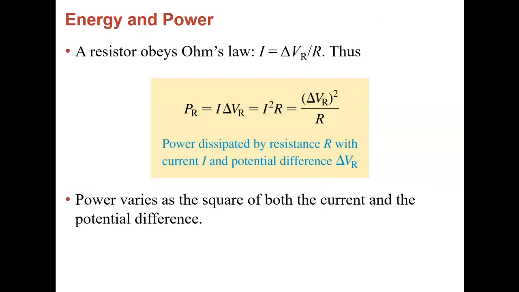So resistors are ohmic materials, so they obey Ohm's law, I equals V over R. So we can say that power is current times voltage.